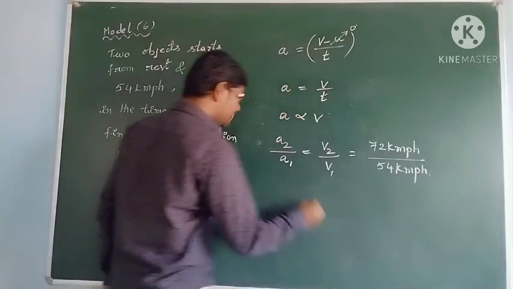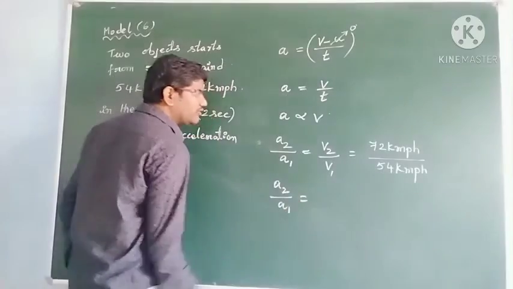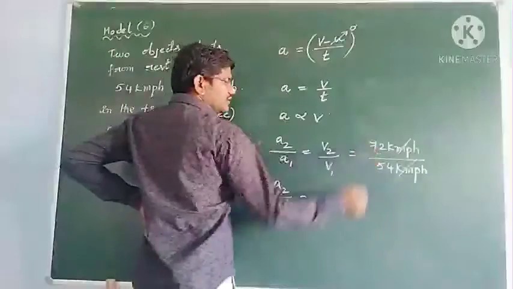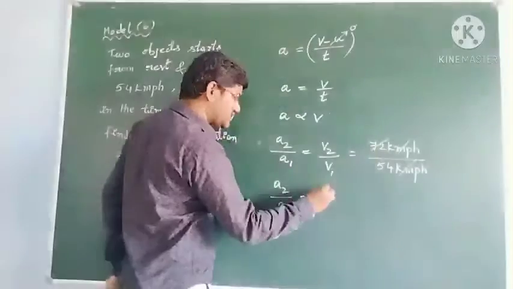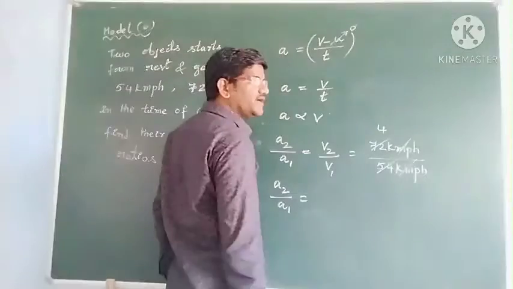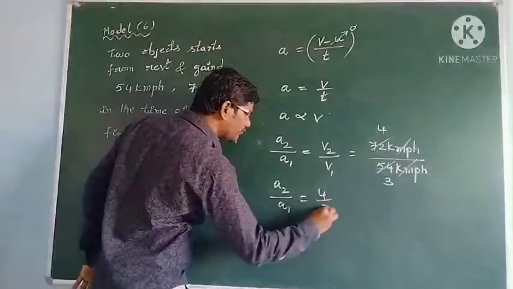Okay students, this and this get cancelled. 18 4s are 72 and 18 3s are 54. Then you will get the value 4 by 3.